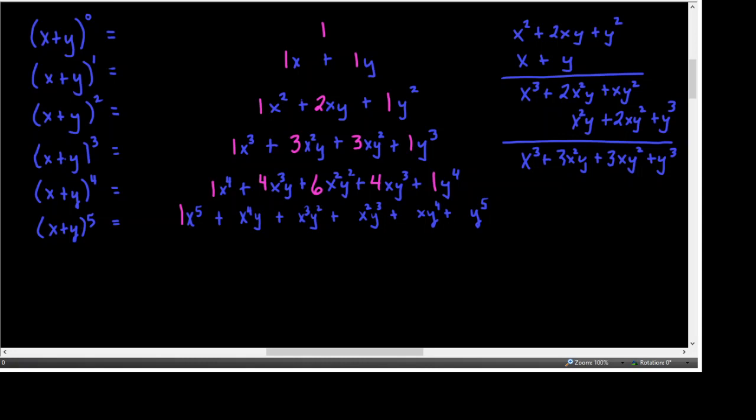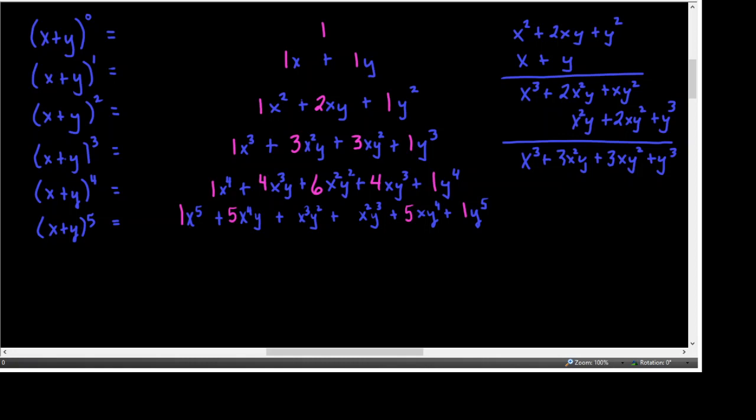In the line above, x plus y cubed, the second coefficient is 3, etc. So it seems reasonable to think that this is going to be 5. And if you look all the way to the other side, it seems that there's some kind of symmetry going on here. So we have 1y to the 5th and 5xy to the 4th.